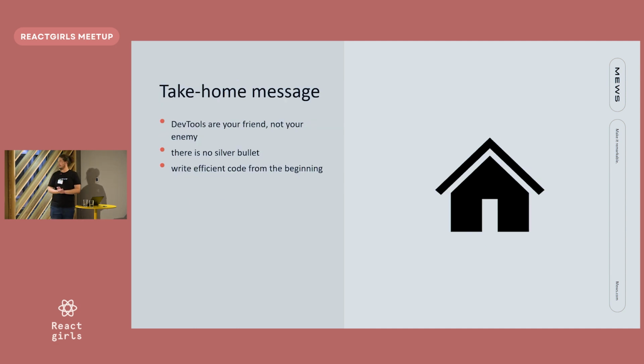So, take-home message: DevTools are your friend, not your enemy, and they can save you many times, as they provide a lot of useful information which you can use to fix your performance problems.